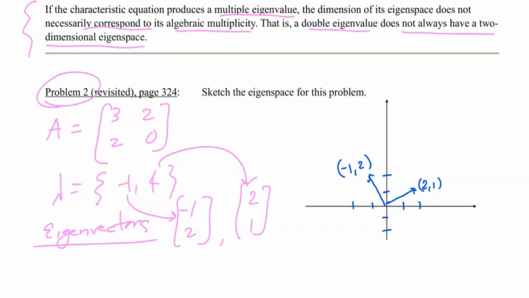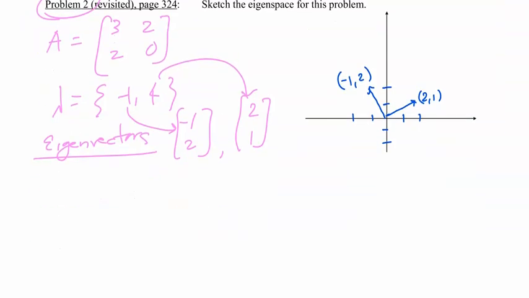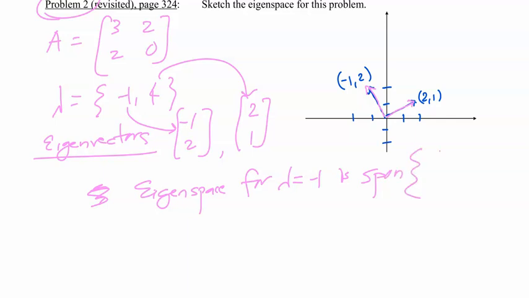If you look at here, these are the eigenvectors, right? So what they're saying here is the eigenspace for lambda equal to -1 is the span of -1, 2.